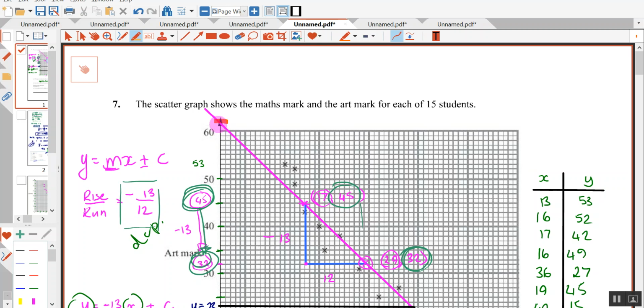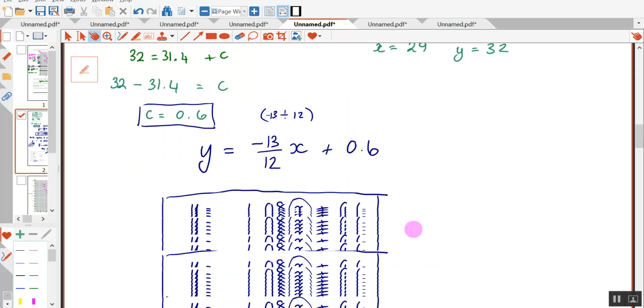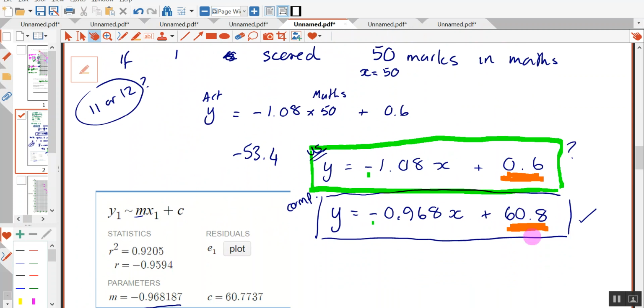Brilliant. You can see the line crosses above 60, so the plus C must be above 60, right? So that's why the computer's 60.8 is about right, yeah? So ours, 0.6, that's where our mistake came from. Well, that was the result of our mistake.